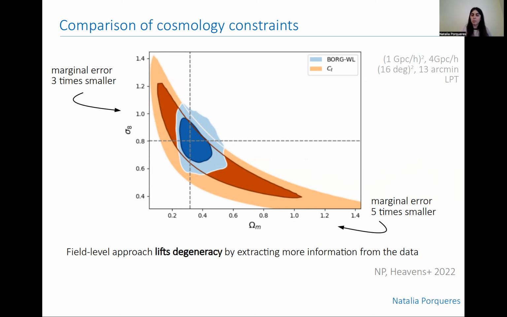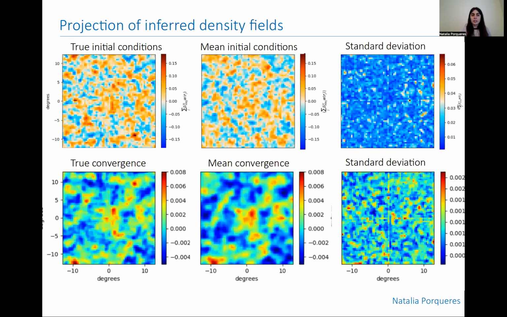We can get more precise constraints on the cosmology from the same data, just changing the techniques we use to analyze the data. But another data product that we get, and it's also interesting, is the projection of the density fields. So we are also inferring initial conditions and density fields. I'm showing here the initial conditions and the convergence, which is the projection of the density field on the sky.